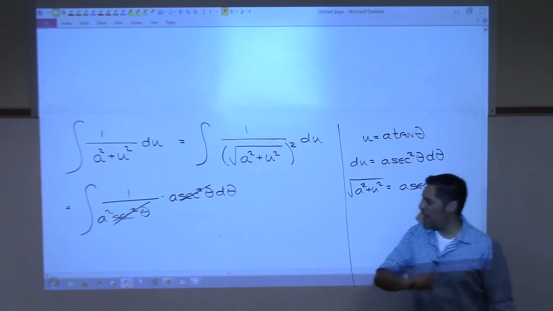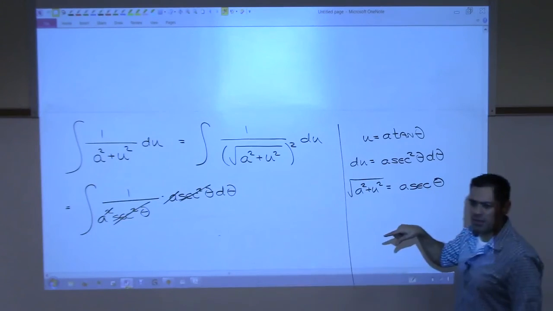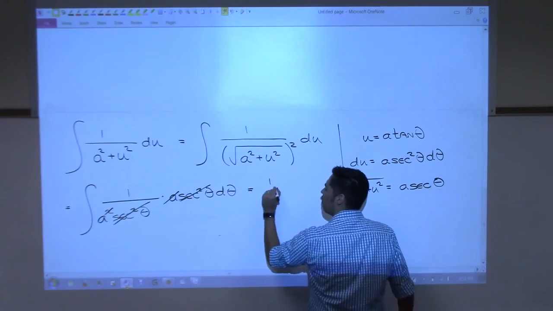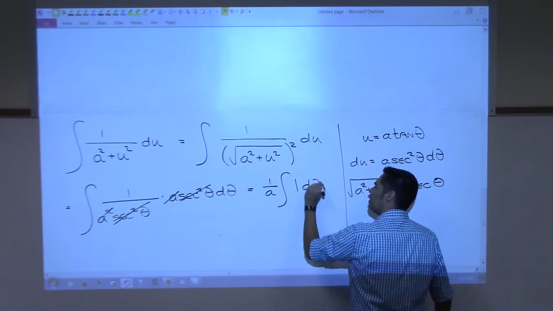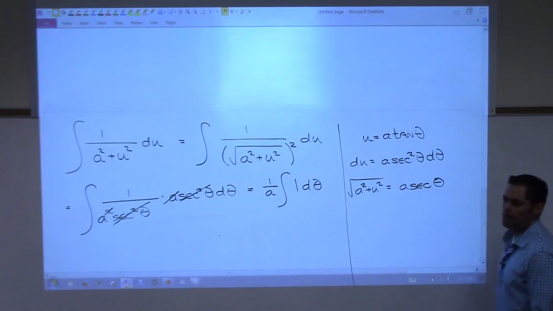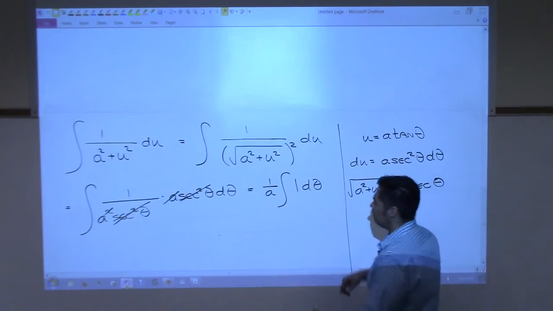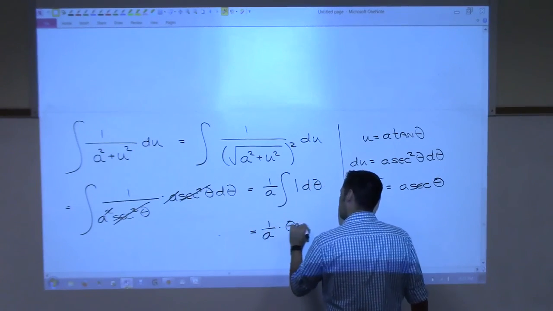One factor of a is gone, which leaves you with a single a in the denominator, right? So I'm going to write on the outside 1 over a, because that's a constant, integral of 1 d theta. Everything else is gone. What's the antiderivative of 1 with respect to theta? Just theta. So this is 1 over a times theta plus c.